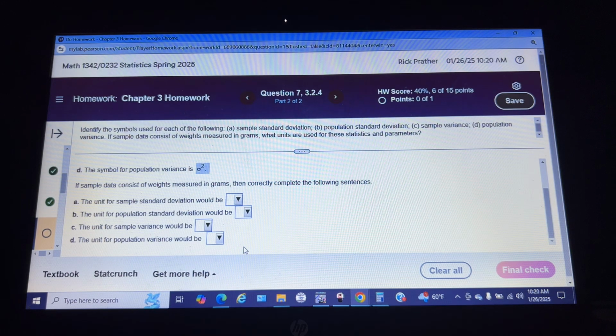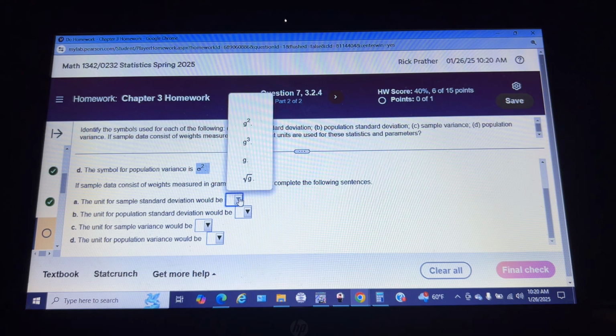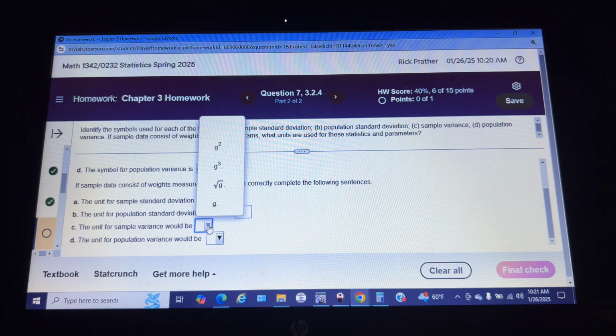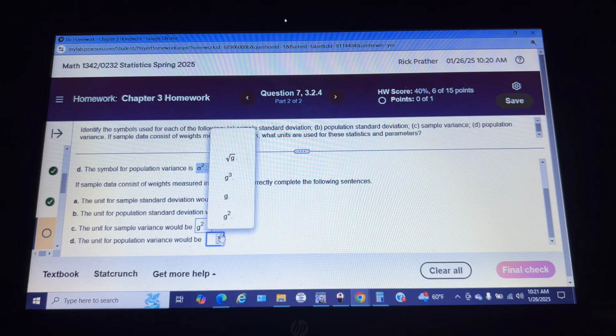Okay, units. Standard deviation should be in regular units, and since the variance is squared, it would be square units.